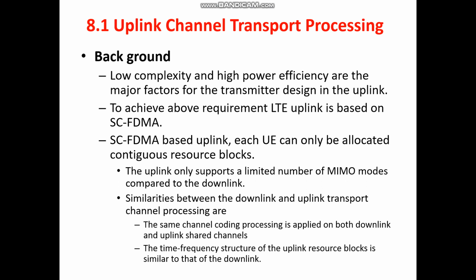Coming to uplink channel transport processing, let us quickly revise the difference between uplink and downlink. As you know, the major factor for transmitter design in the uplink or downlink is low complexity and high power efficiency.